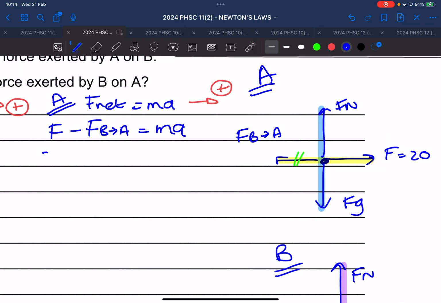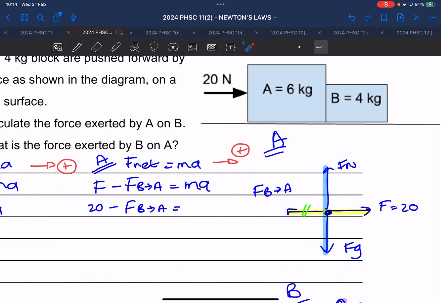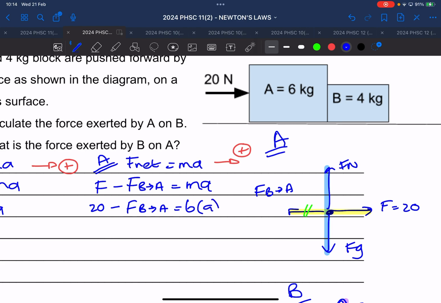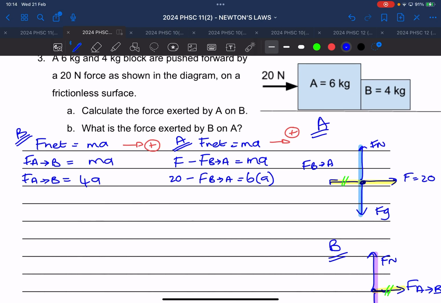So I say 20 minus the force that B exerts on A. The mass of A is 6 kilograms, so I say 6 times the acceleration. Again, I have two unknowns.